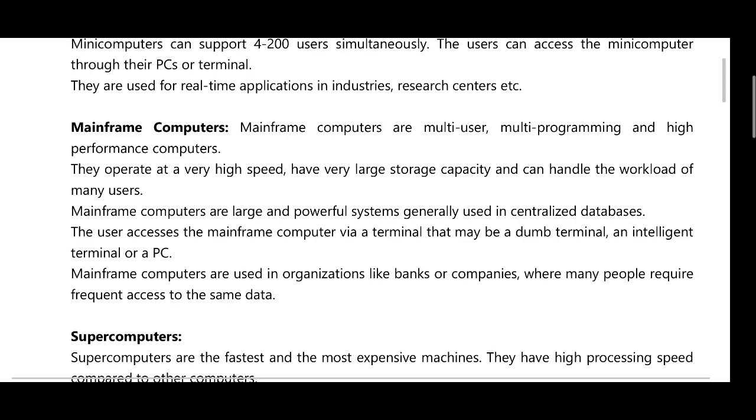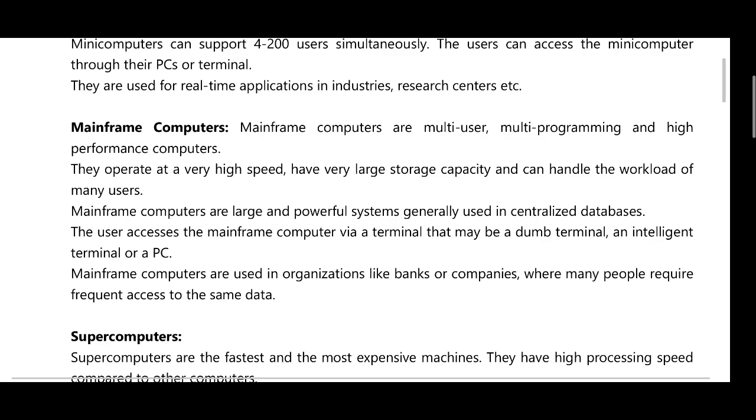Mainframe computers. Mainframe computers are multi-user, multi-programming, and high performance computers.